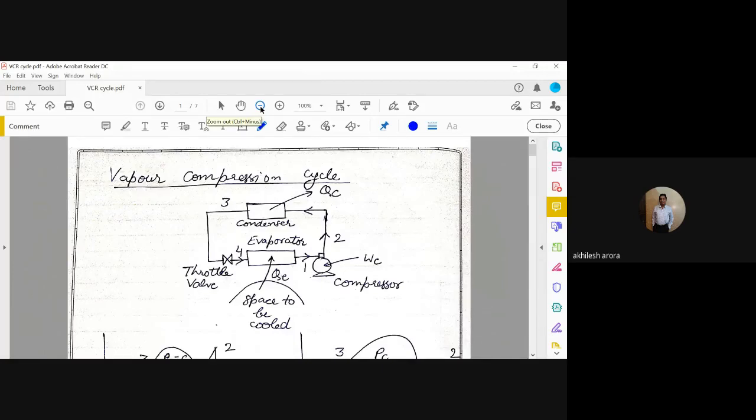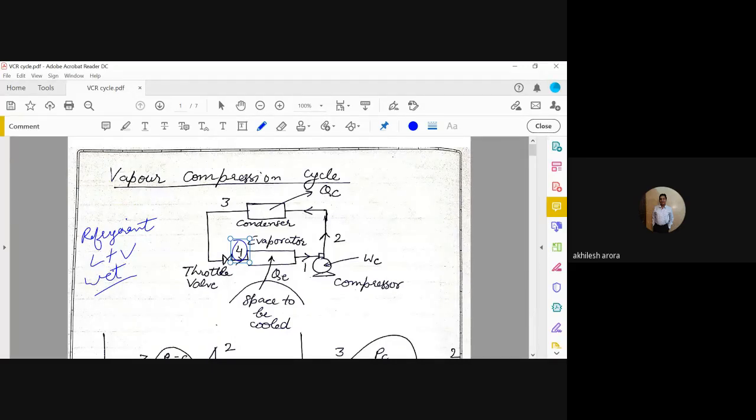So let us focus on state point number 4. At state point number 4, we have wet refrigerant. Wet refrigerant means it is in a liquid plus vapor state. Here the refrigerant is in a liquid plus vapor state, which is nothing but wet refrigerant.